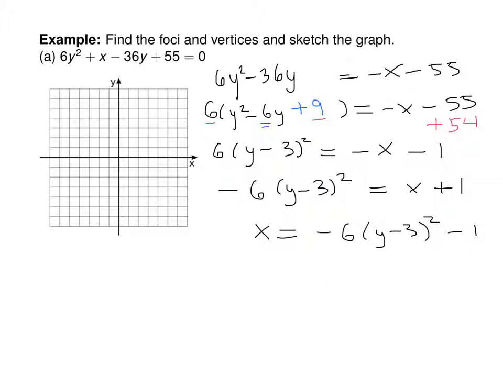And this tells us that the vertex is at the point negative 1, positive 3.